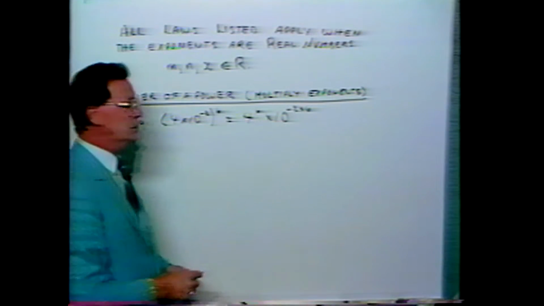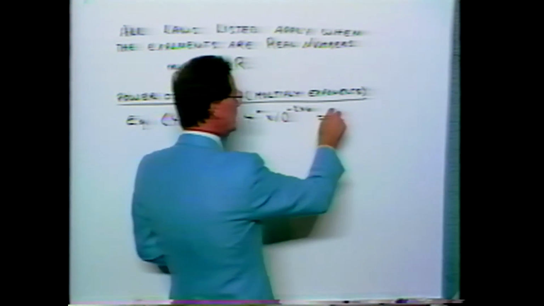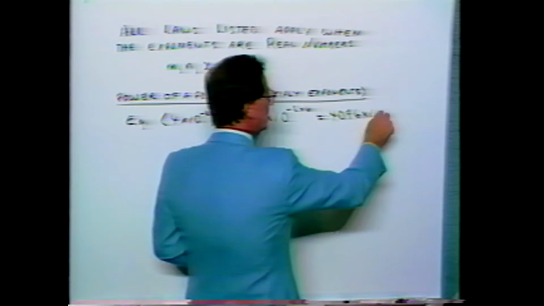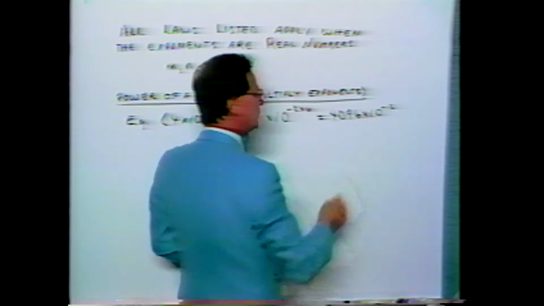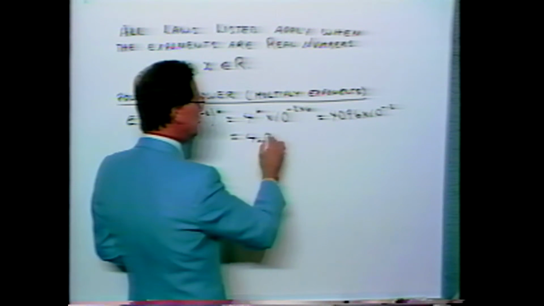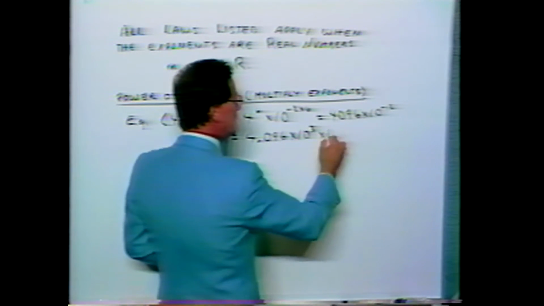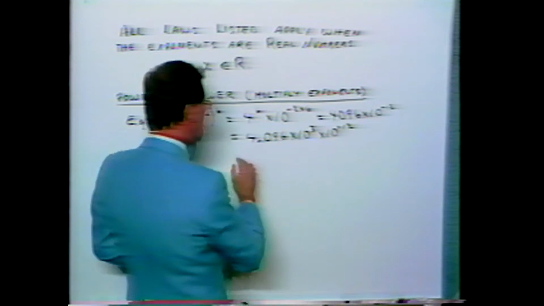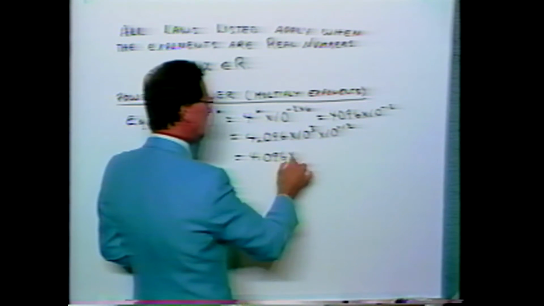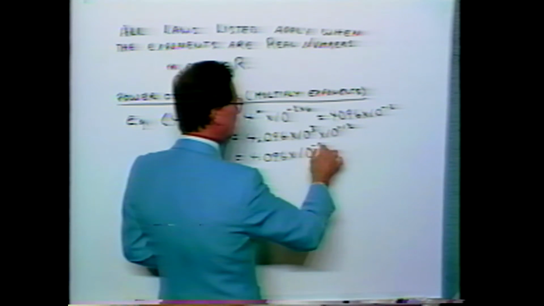This reduces to 4,096 times 10 to the negative 12. This is equal to 4.096 times 10 to the third times 10 to the minus 12. And finally, I can express this in the following fashion: 4.096 times 10 to the negative 9.